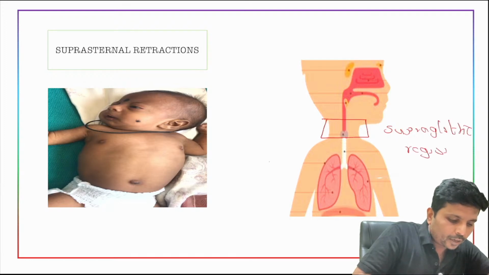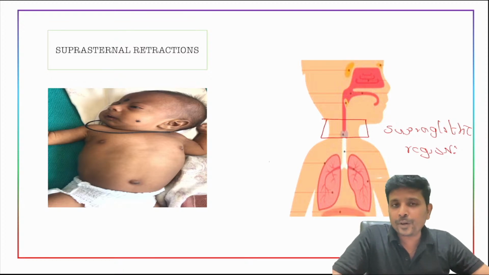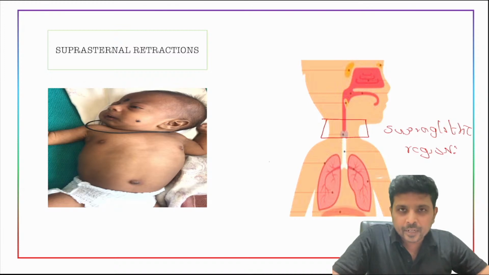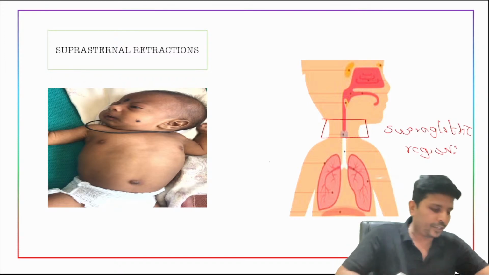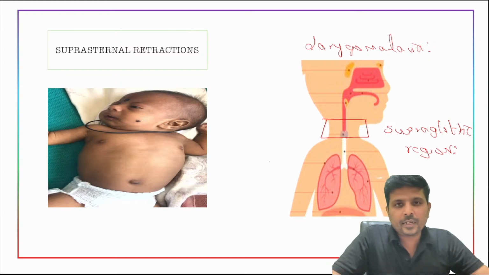Supraglottic region. What is the most common cause? The most common cause for suprasternal retraction, particularly in the newborn period, is laryngomalacia. So suprasternal retractions mean the site of pathology is in the supraglottic region.